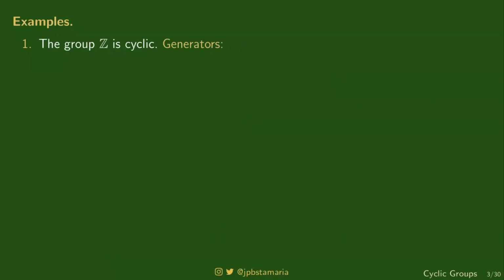Yeah, based on a previous example, we noticed that the generators are 1 and -1. Correct. The group Z sub 6 is cyclic, no? And we found out in the previous calculation that the generators are, what are the generators for Z sub 6?